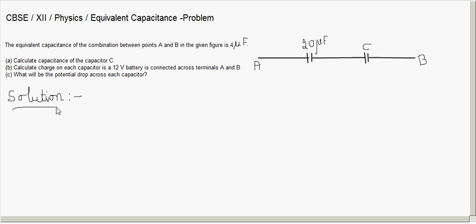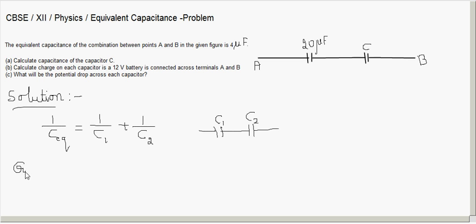As we see from the figure, the two capacitors are connected in series. We know when two capacitors are connected in series, the equivalent capacitance is given by 1 by C equivalent equal to 1 by C1 plus 1 by C2. This is the case when two capacitors C1 and C2 are connected in series. Now let us substitute the given values.